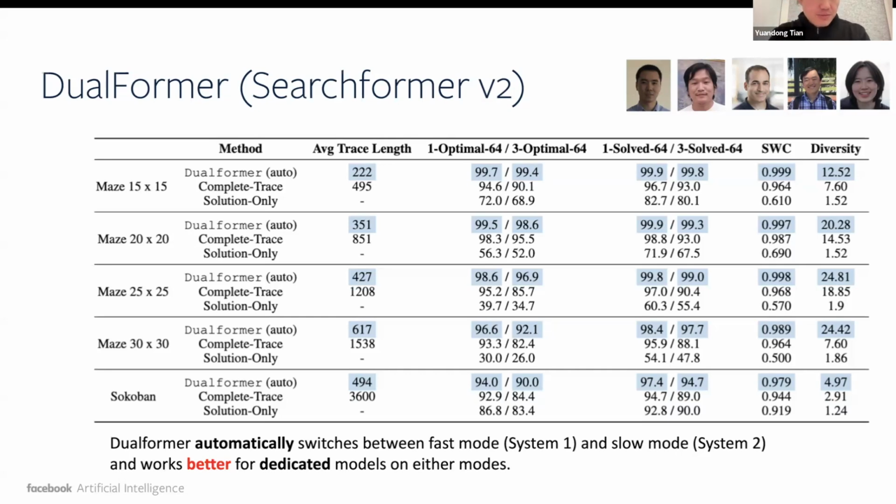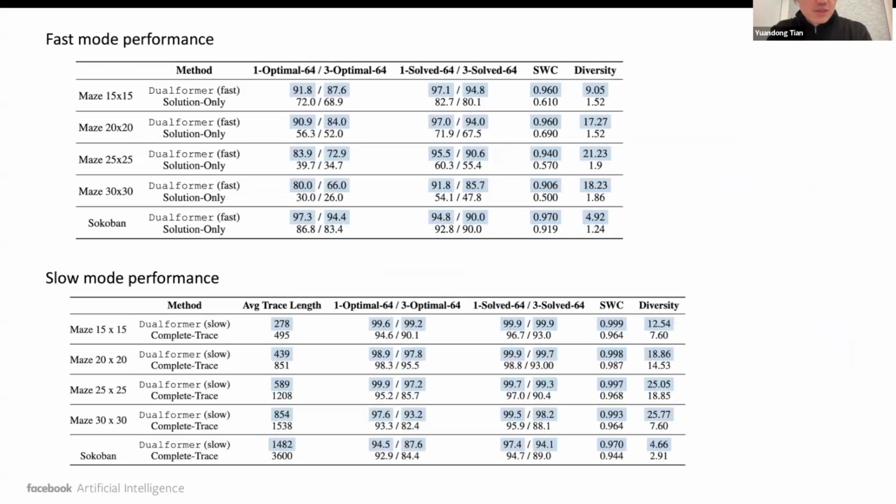Here, the control of System 1 or System 2 thinking is just by a single token. For the Dualformer, if we just let it generate the next token and the next token, it is in auto mode. In auto mode, the model will automatically decide whether it goes to System 1 or System 2.